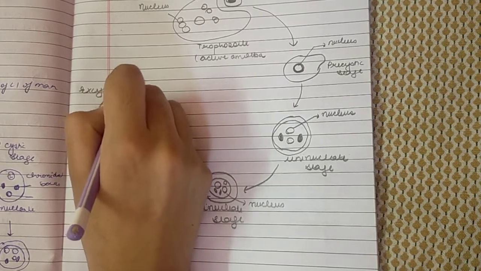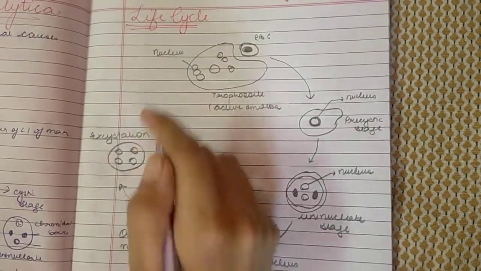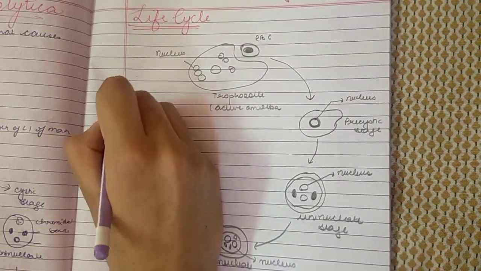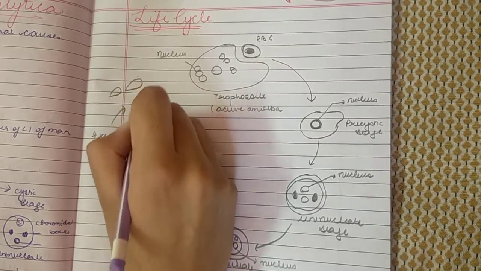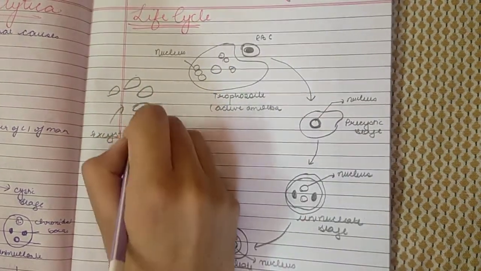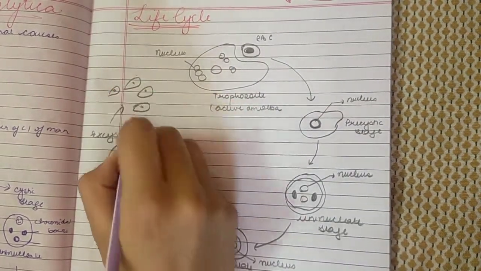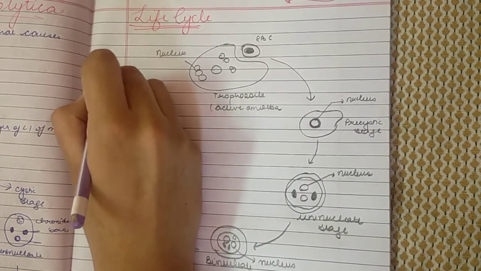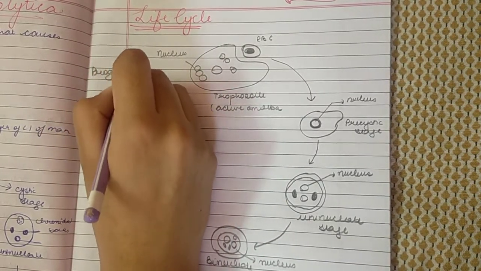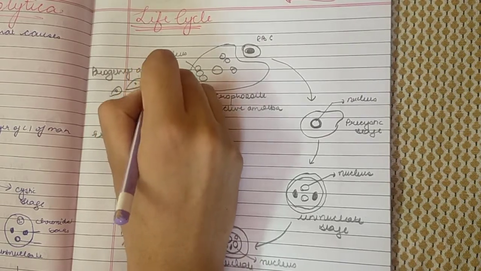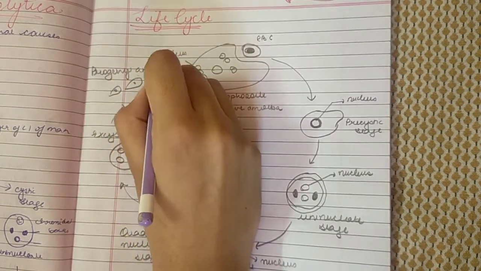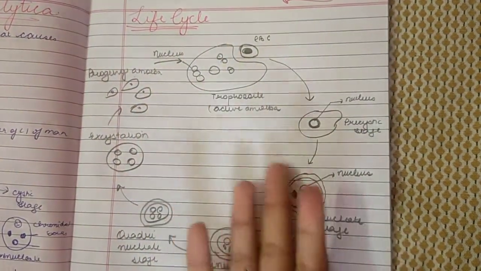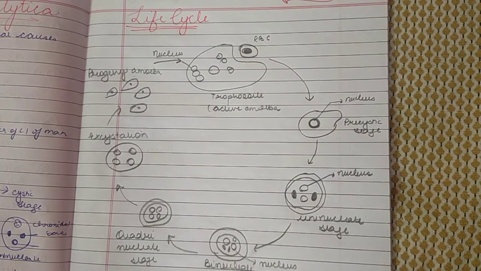Excystation. This will lead to the progeny amoebas being released. And then they'll go into the blood and get transmitted.